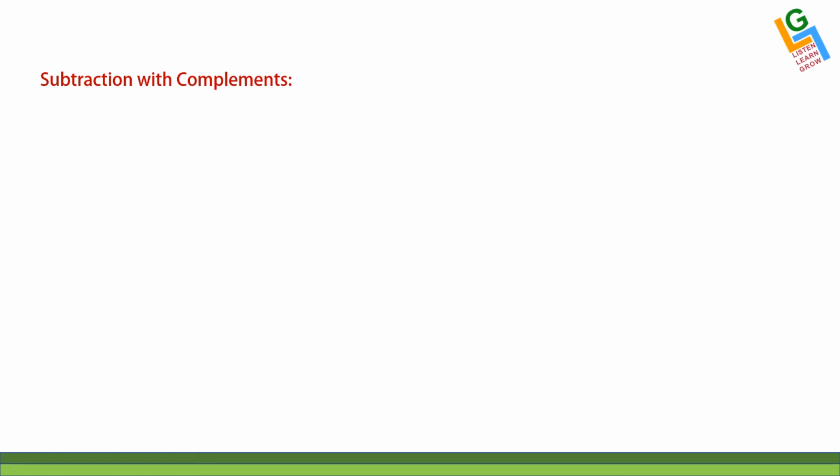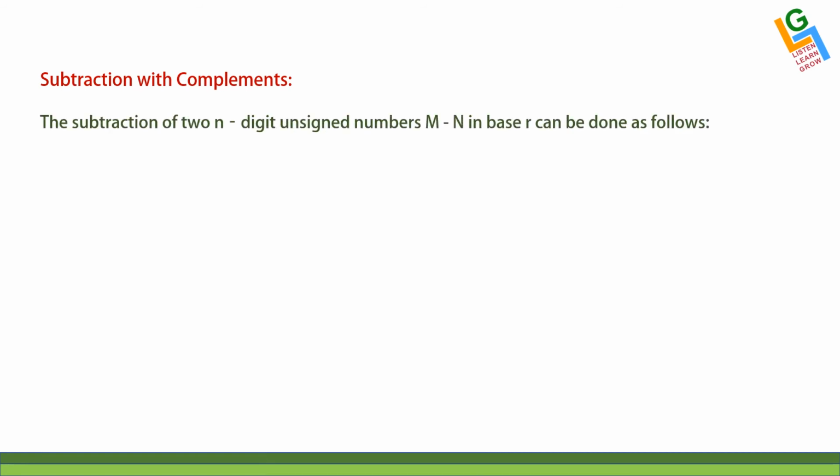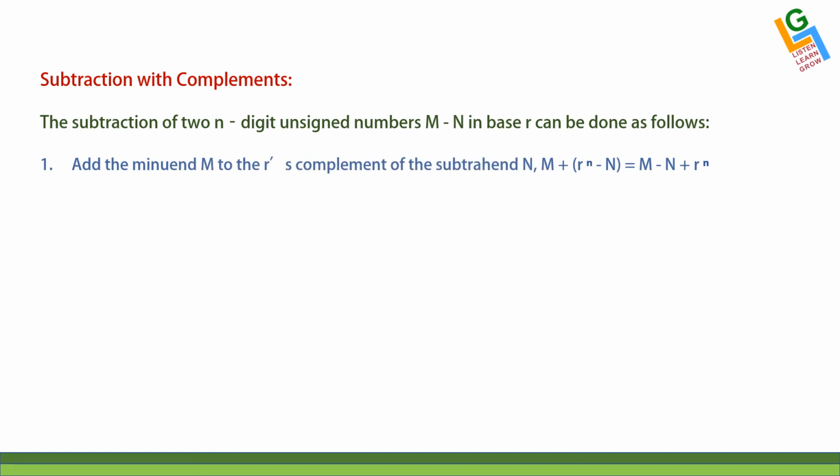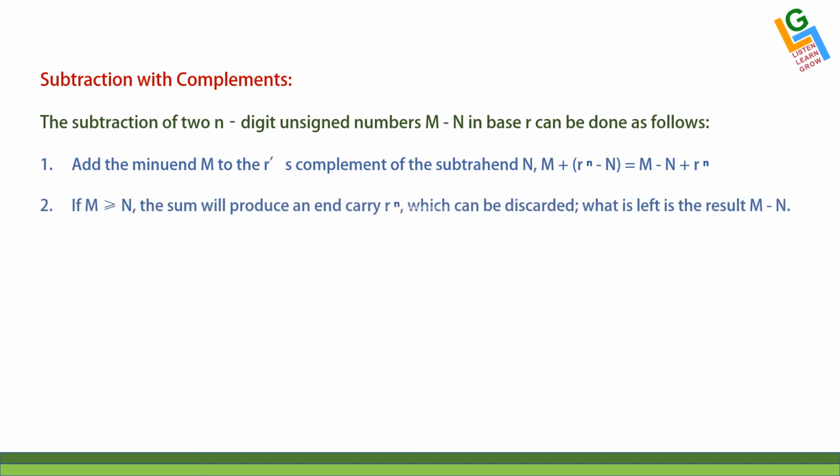Subtraction with complements. The subtraction of two n-digit unsigned numbers M and N in base r can be done as follows. Add the minuend M to the r's complement of the subtrahend N. If M is greater than or equal to N, the sum will produce an end carry r power n, which can be discarded.